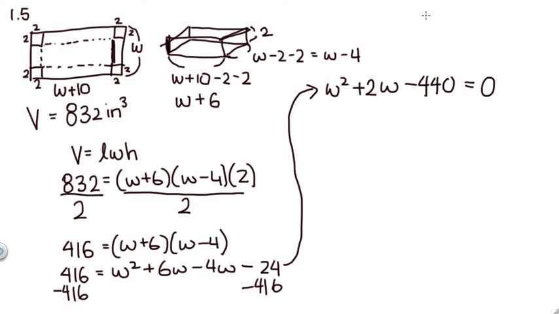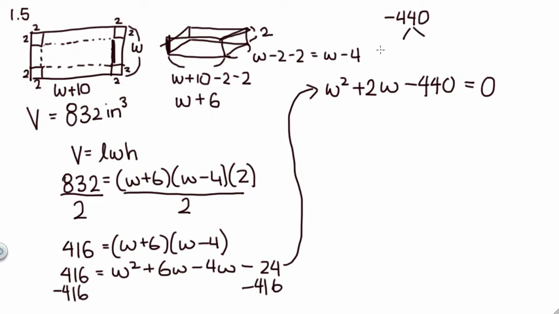Now we've got to talk about factoring. So we're going to look at 440. We want to think about factors of 440. When you multiply, you want to get negative 440, but when you add them, you want to get positive 2.